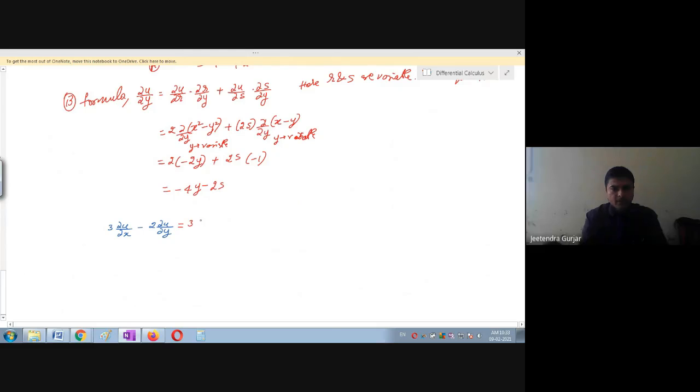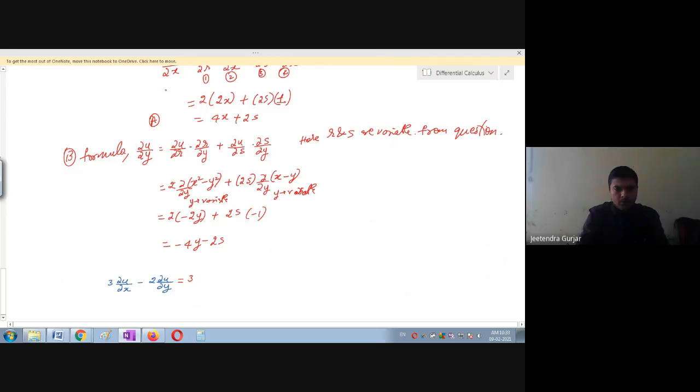This is 3 times dou u upon dou x, which you have already calculated. We'll keep this as equation 1 and this as equation 2. Equation 1 you can substitute, it is 4x plus 2s. Is it clear? So minus 2 times, it is minus 4y minus 2s.